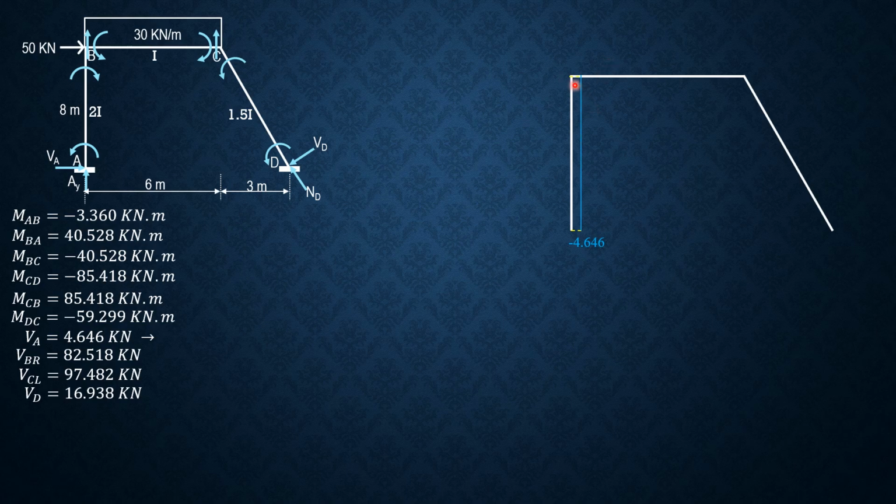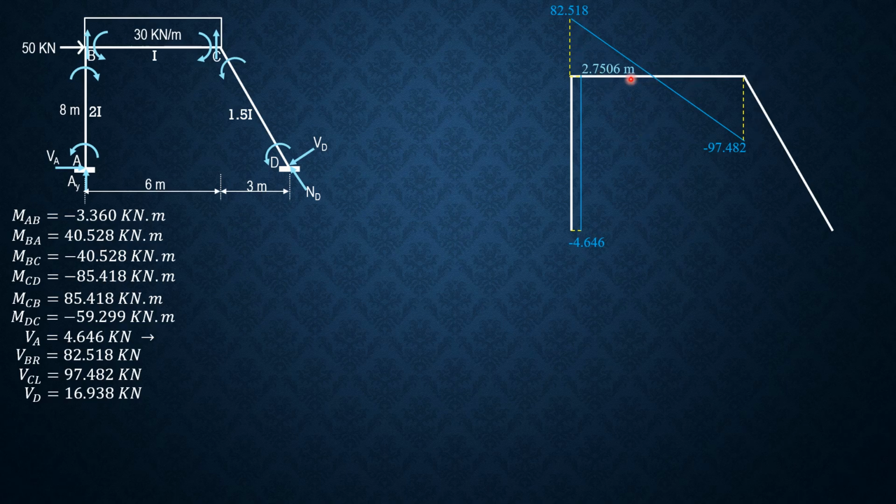Then for shear B just to the right, 82.518, then minus 30 times 6 is negative 97.482. Shear C right, that's fine. Then this distance is 82.518 divided by 30, or you can solve that by similar triangles.